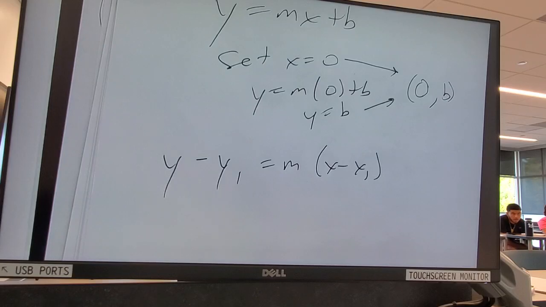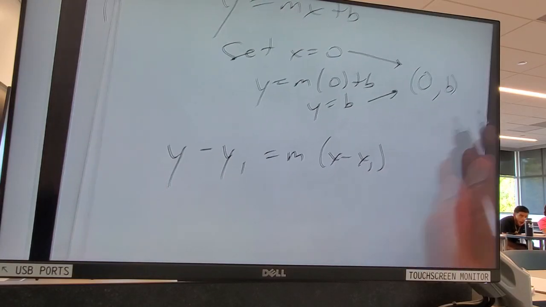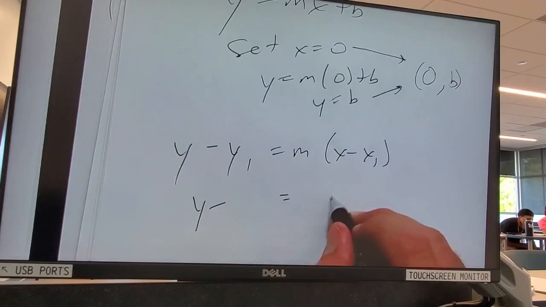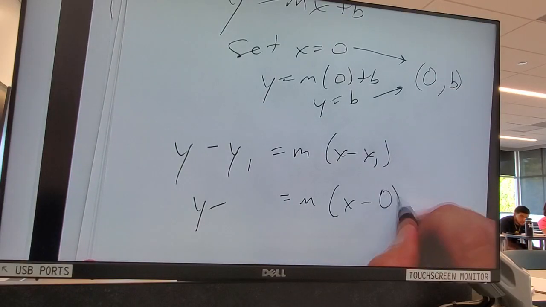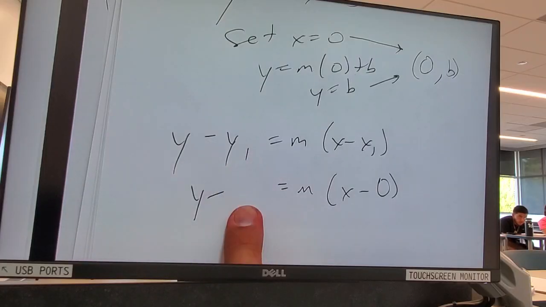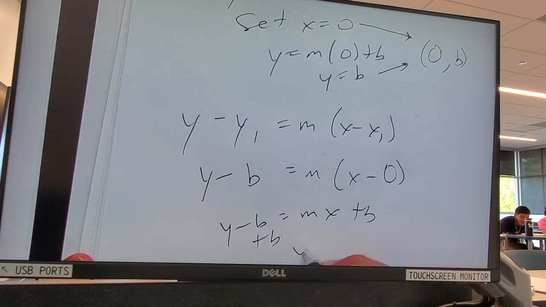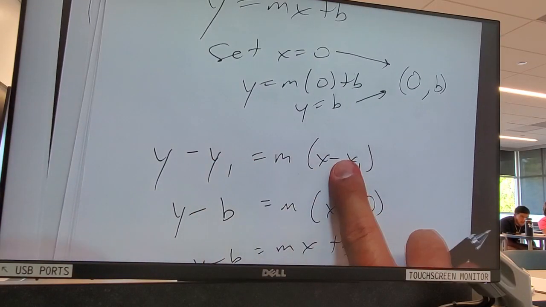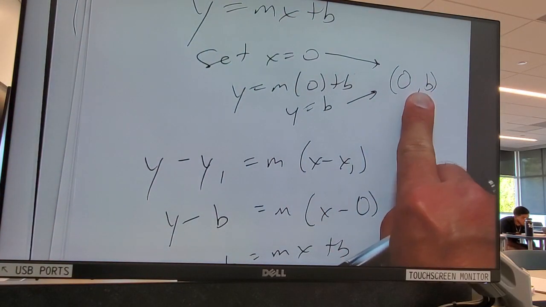Specifically, which x? x1, good, because the subscript means it comes from a specific point. So this would be y minus y1 equals m times x minus x1, and I'm going to put 0 here, yes? What do I put here? b. So y minus b equals m times x, and then I add the b, and I get the same equation, yes? So this equation becomes that equation if I know the y-intercept.